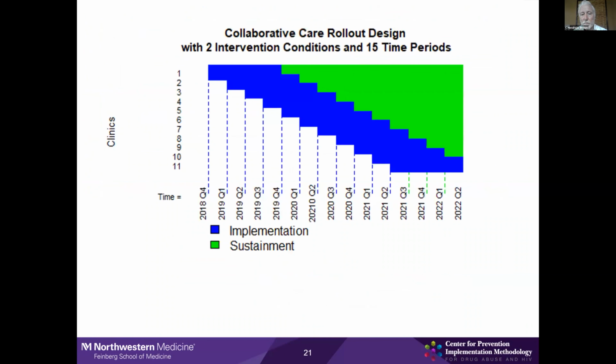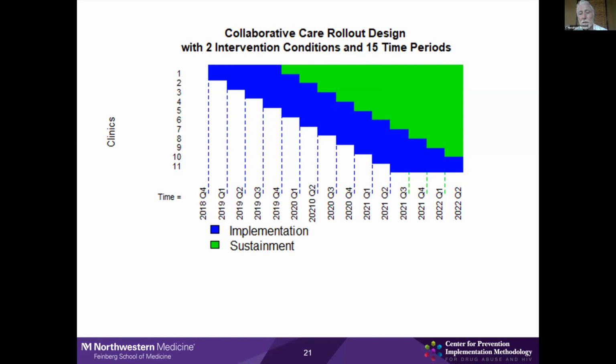And this is a randomized rollout design that's going on right now in Chicago, in Northwestern, dealing with 2 intervention conditions. It's a new one. The implementation is a new implementation strategy to address depression in public and private clinics in the Northwestern system.